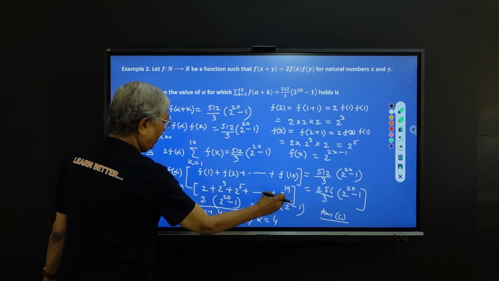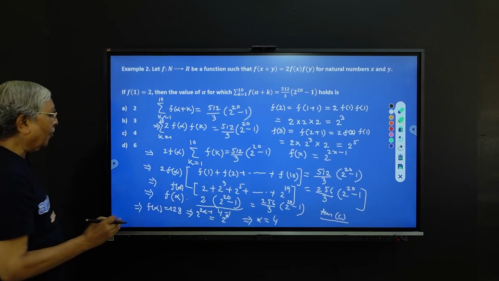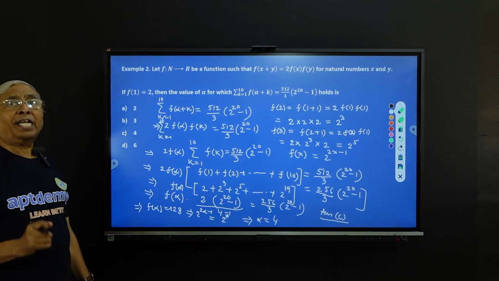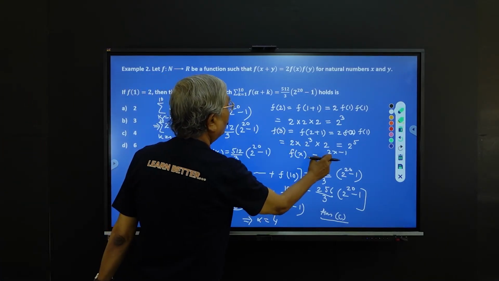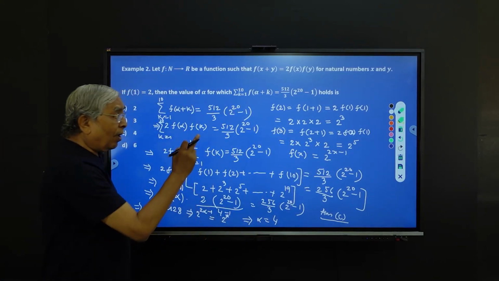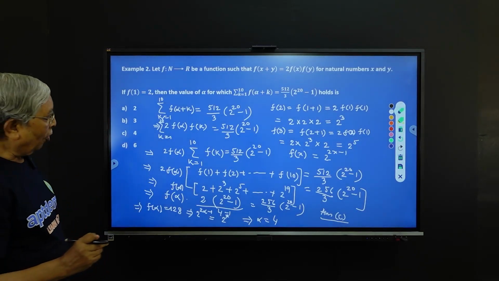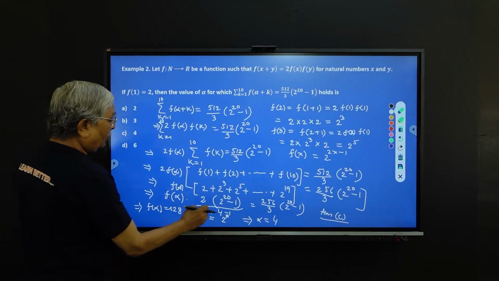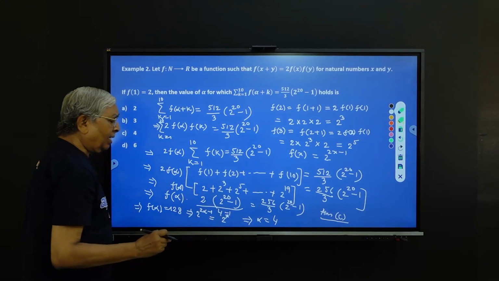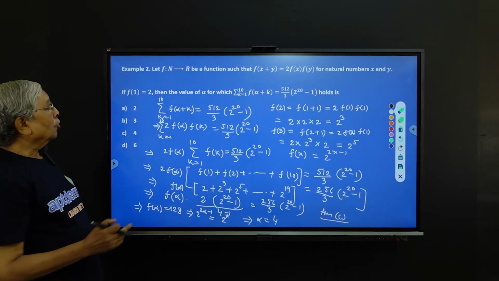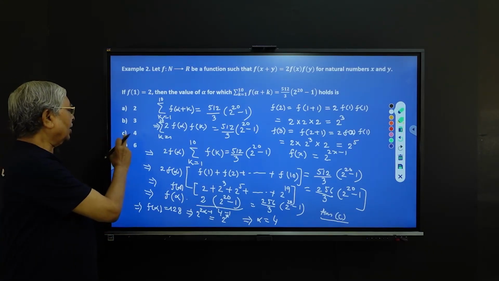This is equal to this thing. From this you can write f(α) equal to 128. What is our f(α)? We are given f(x) is equal to 2 to the power (2x minus 1). f(α) will be equal to 2 to the power (2α minus 1) equals 2 to the power 7. This implies 2α minus 1 equal to 7. So α equals 4. So the correct option is C.